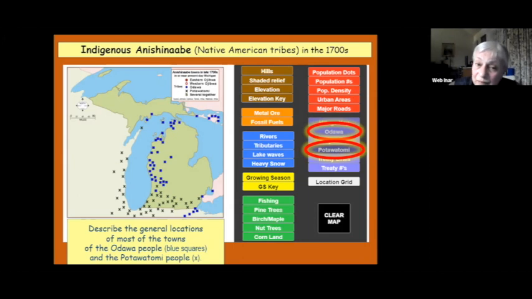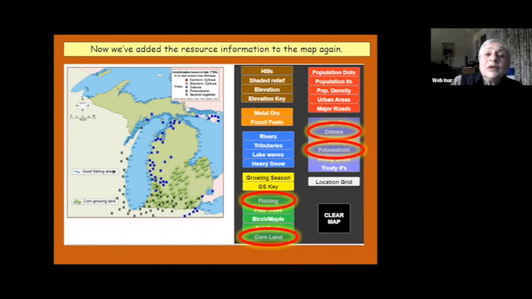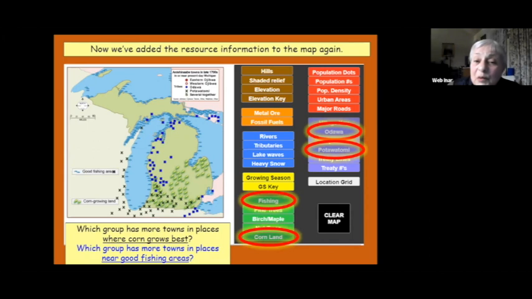And hopefully the students would say, well, the Potawatomi were in the southern part of the mitten. What I've done next is put the Potawatomi and the Odawa in relationship to the good corn growing area. We would hope that the students would see that the Potawatomi were in an area where corn grows well.